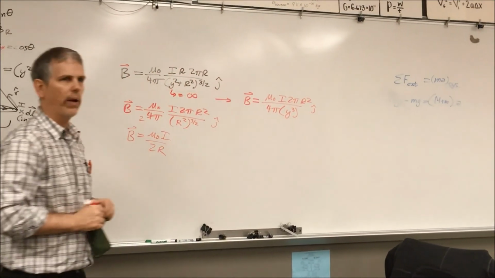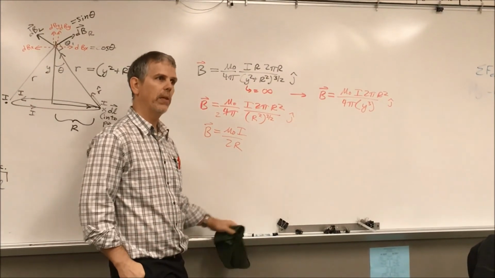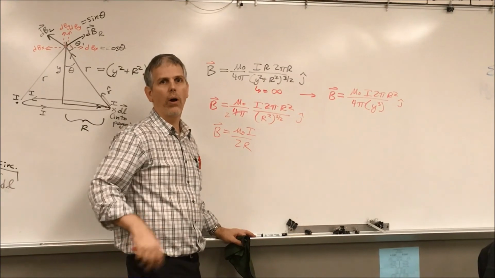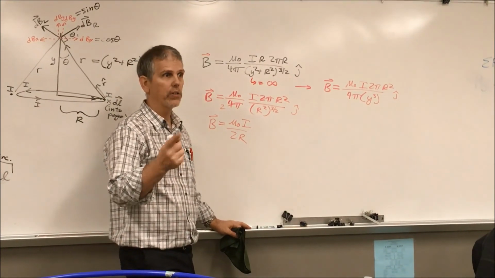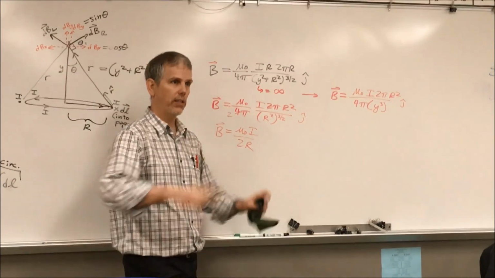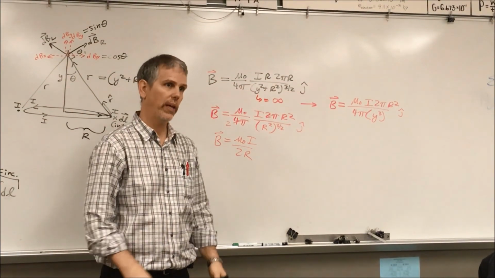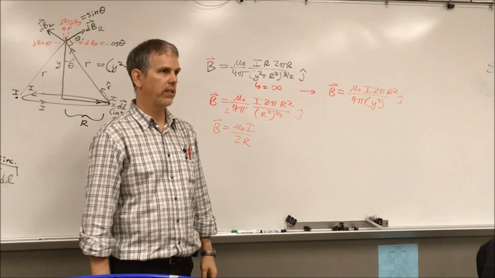And that's the basic question: why far away from the loop does it decrease as 1 over y cubed versus y squared? Because as you're getting farther and farther away, the x values are canceling more and more quickly, and it's decreasing to 0 very rapidly.